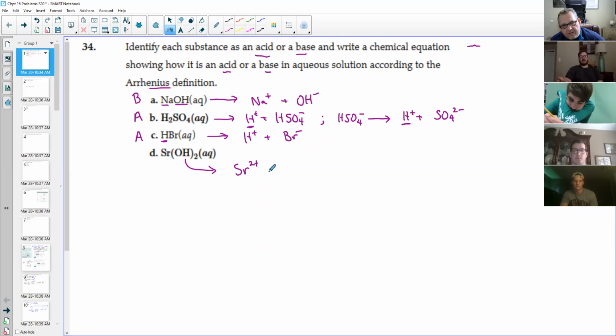Strontium hydroxide dissociates into the strontium 2 plus cation, but because of the 2 here, it makes 2 hydroxide ions. So it would be an example of a dihydroxyl base.